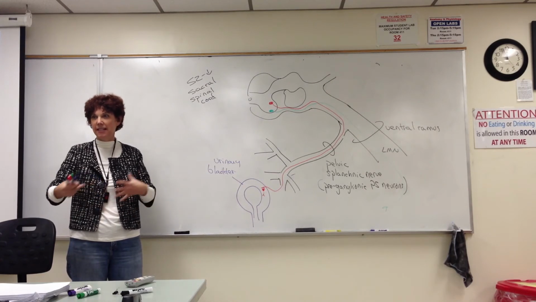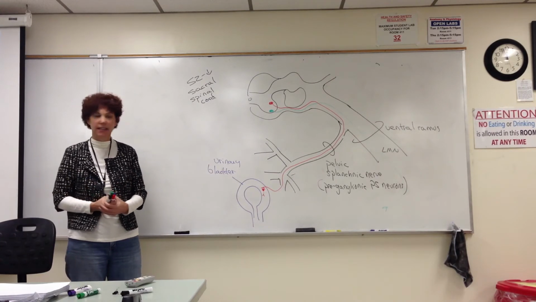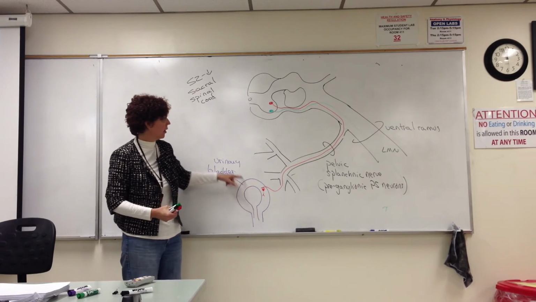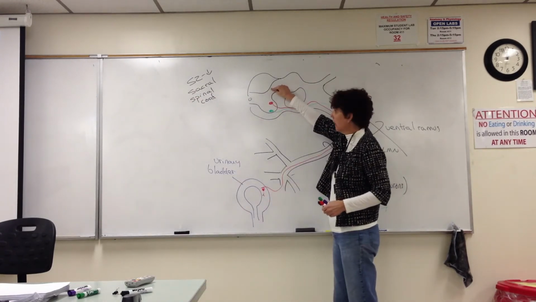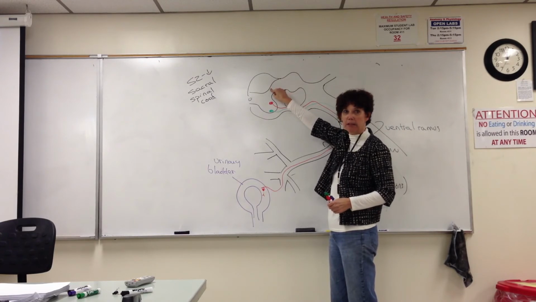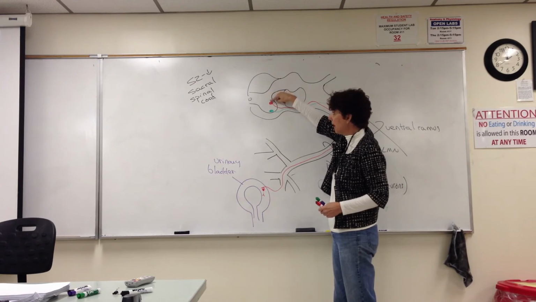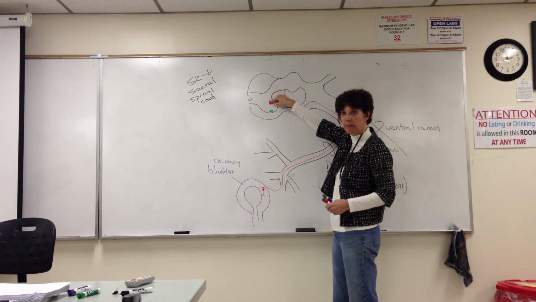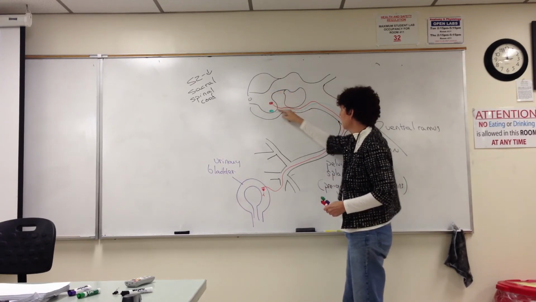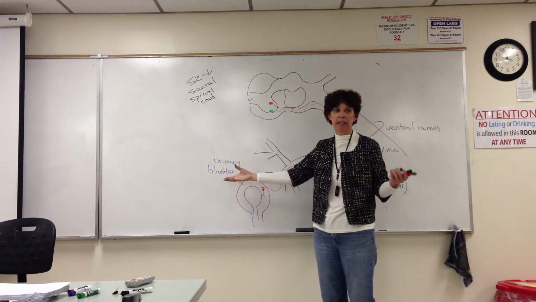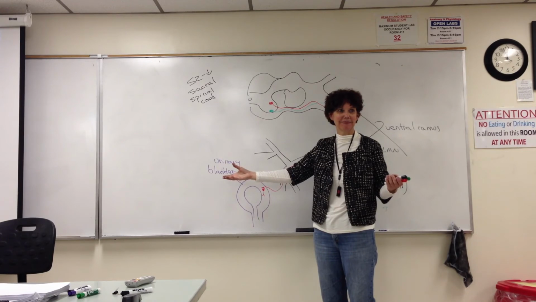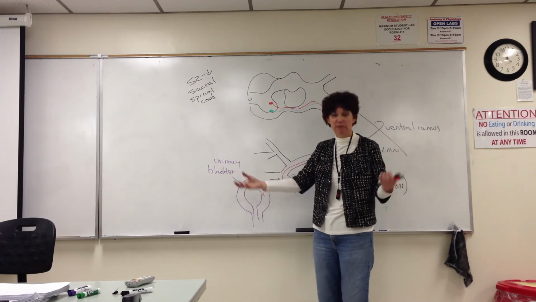Remember, stretch and pain is part of our general visceral afferent. That stretch receptor is going to go back to the spinal cord. This is what happens in a baby before they learn to have bladder control. It will form a direct reflex with the motor neuron. It will activate the motor neuron to cause the bladder to contract, and they wet their diaper. Okay? Visceral reflex.